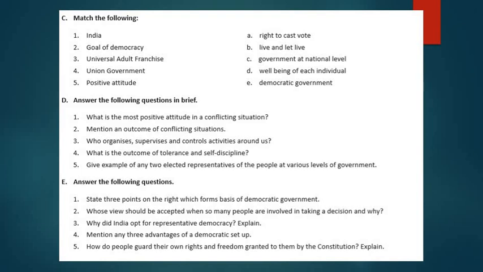Under this system, people elect their representative who govern on their behalf. I'll repeat the answer again. First point, in a vast country like India, it is difficult to devise a method for the direct participation of the people in the governance of the country.